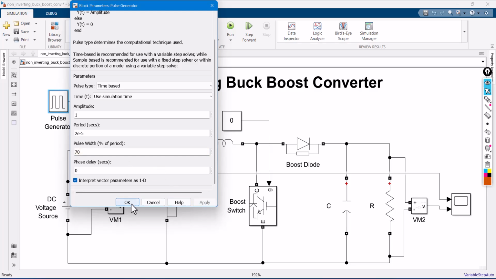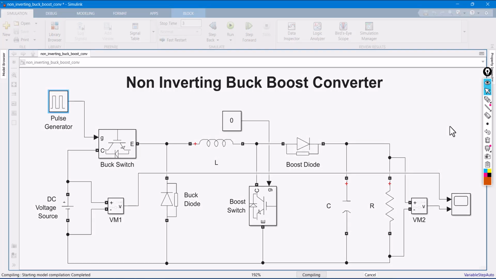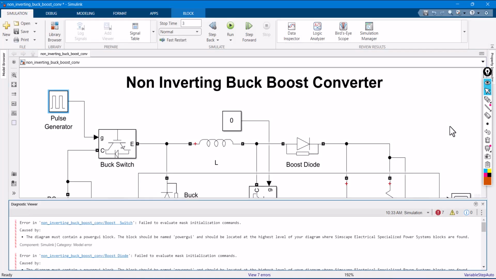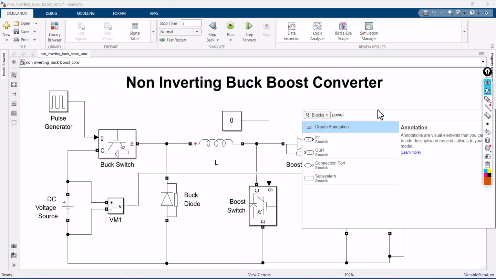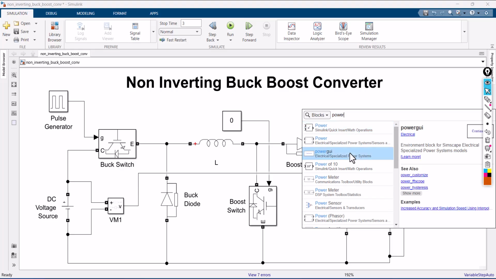Apply. Okay, run it. I forgot to add a powergui. Powergui is mandatory.